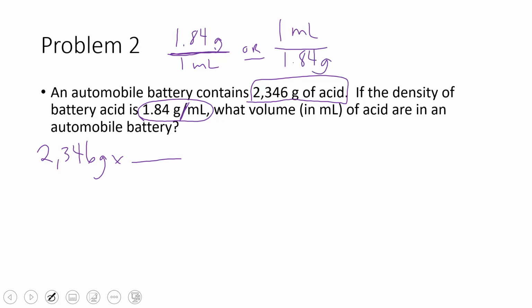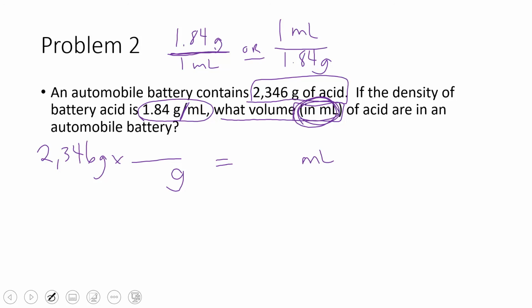So we need to figure out, what do we want our answer? We want our answer just milliliters. What is the volume? So we need to figure out what conversion factor we're going to use in order to get just milliliters. So if I'm starting with grams, I need to have grams in my denominator in order for grams and grams to cancel.